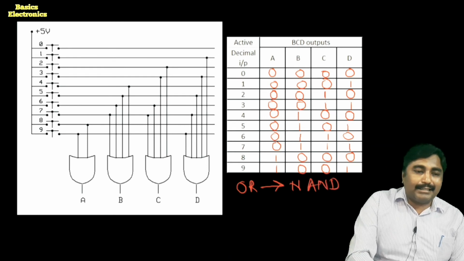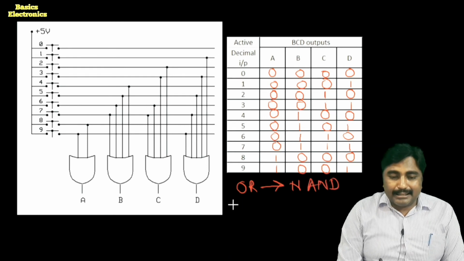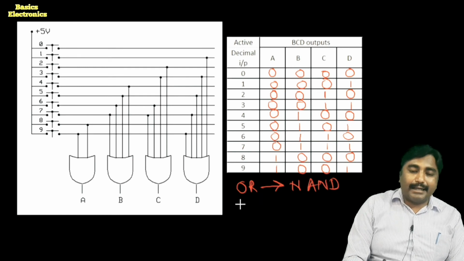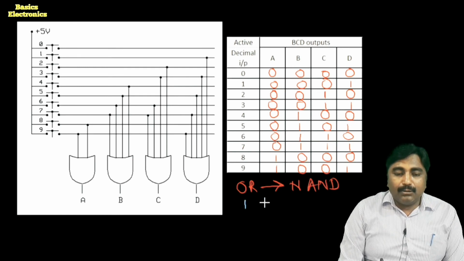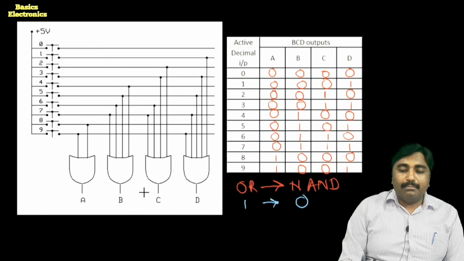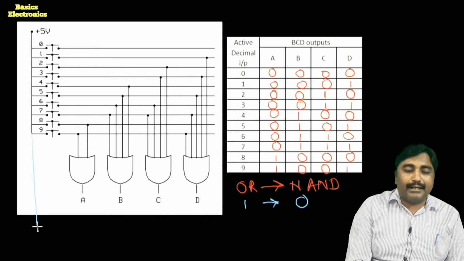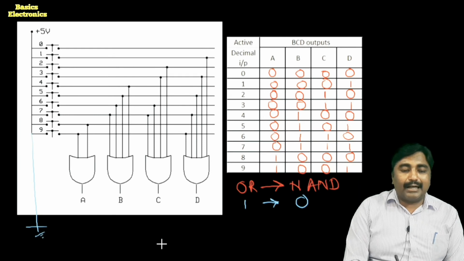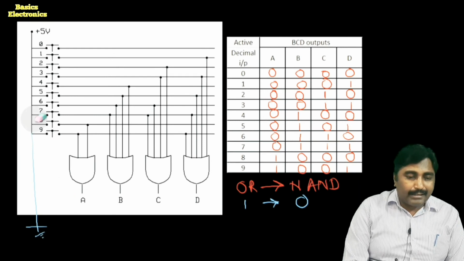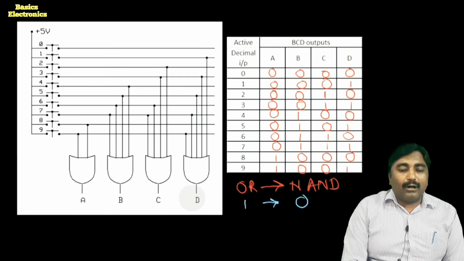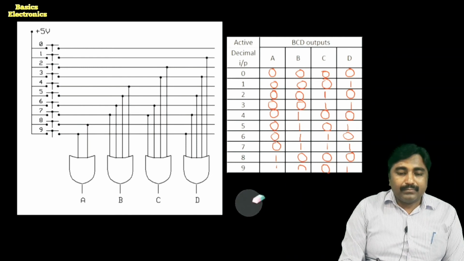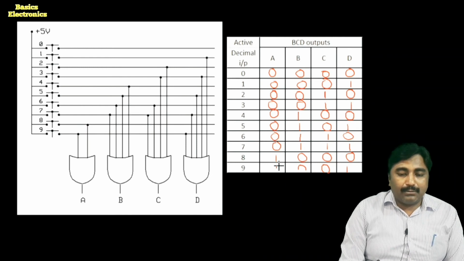The second change is that instead of connecting the switches to logic 1, we connect them to logic low, which means the switches are connected to ground. So here we need to draw the logic diagram.